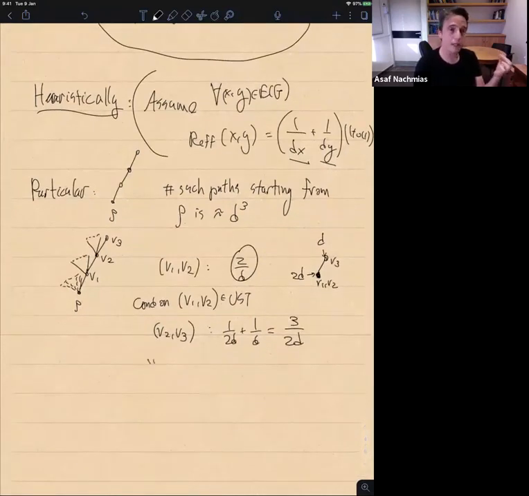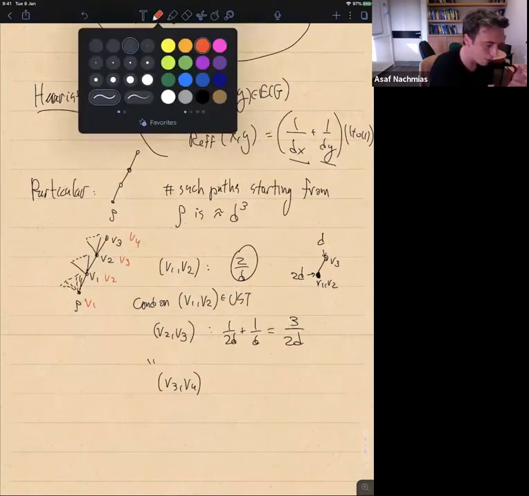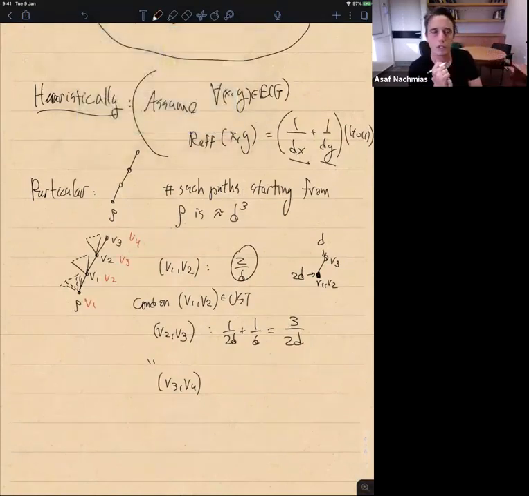Now I do the same thing again, condition on the edge v1, v2, v3 being in the uniform spanning tree. I contract them, and I ask, what is the probability that v3, v4 is open? Let me write v1, v2, v3, v4 to make it especially confusing to the people who just started listening to me.